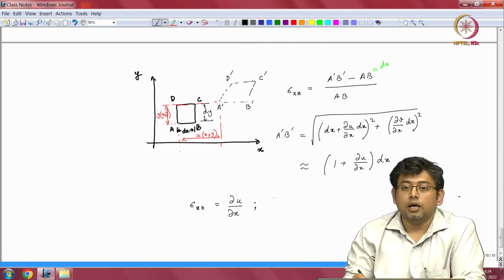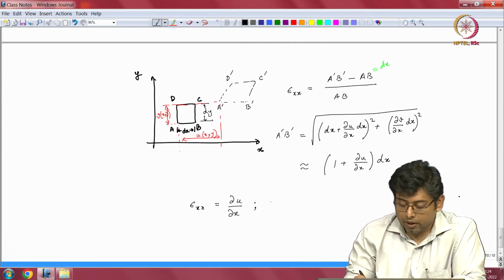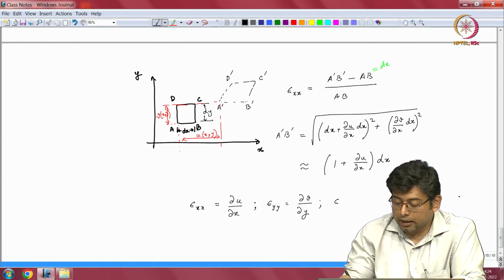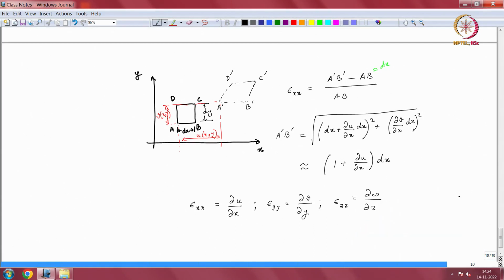Similarly, for a 3-dimensional problem, if you want to ever extend this, you can just go ahead and quickly show that the strains in the other directions are given as these. And then there are shear strains.